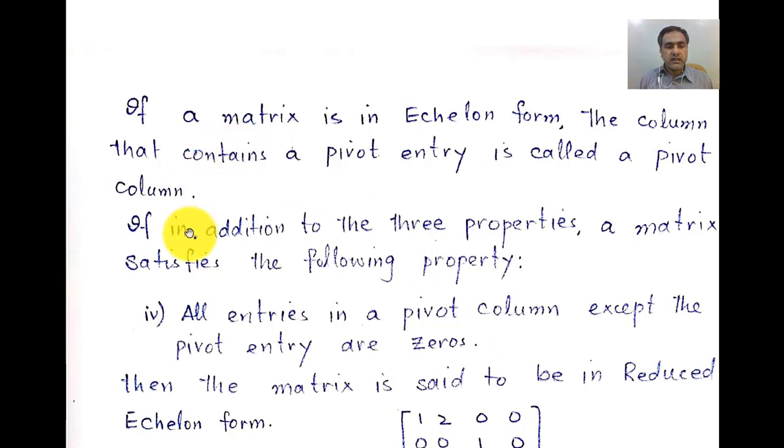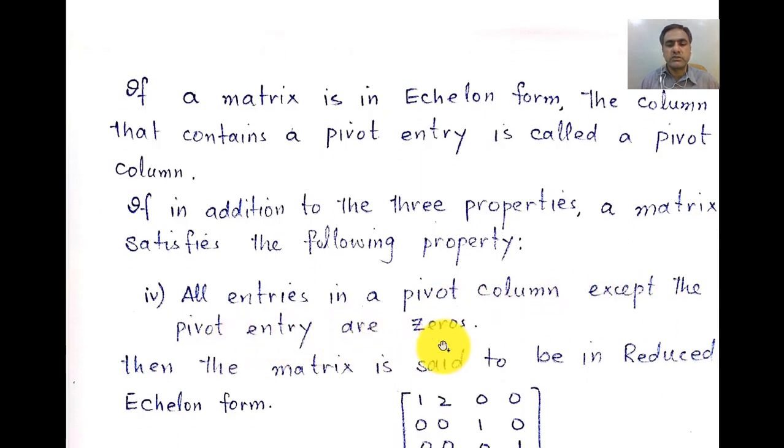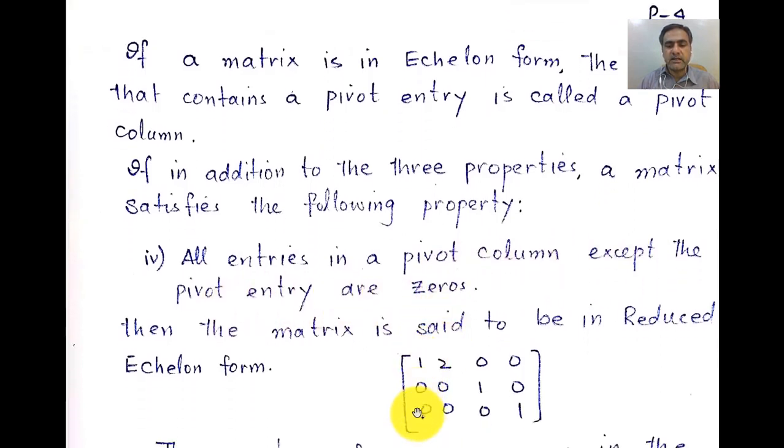So if, in addition to the three properties described for echelon form, a matrix satisfies the following property, that is, all entries in the pivot column except the pivot entries are zeros. So if I take this matrix here, it's a pivot column, it's a pivot column, it's a pivot column. This is not a pivot column.